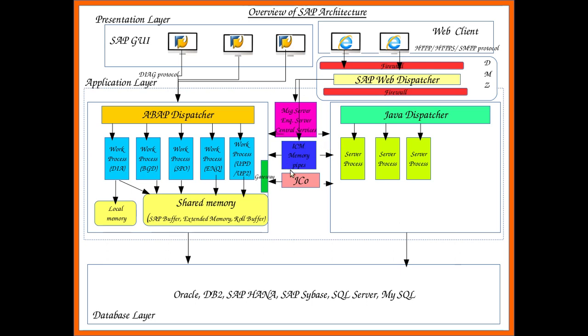During the development of Java code, we just need to import the sapjco.jar library in our code. JCo inbound call means Java calls SAP. JCo outbound call means ABAP calls Java. Okay.